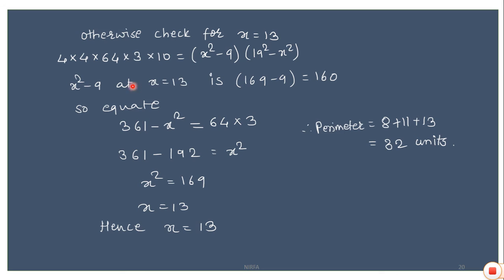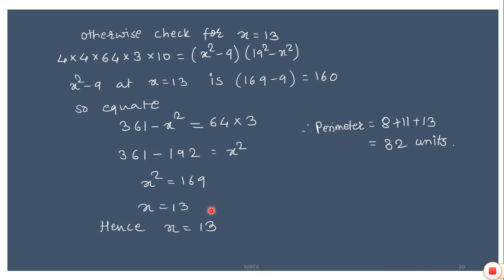So put x equal to 13. Whatever I have explained, I have written here. So just take this second factor and the remaining factors. Now if you solve this, 64 into 3 is 192, and therefore x square is equal to 169.